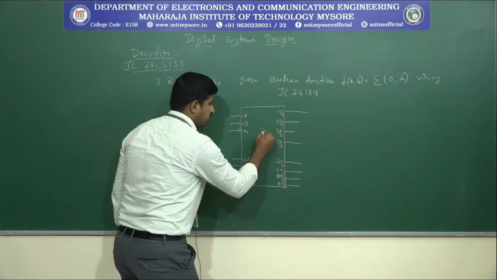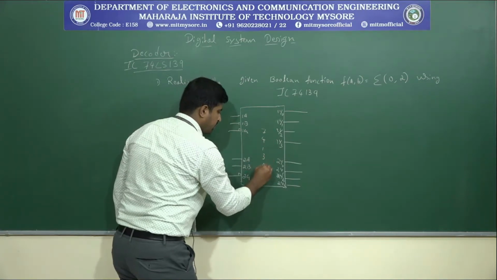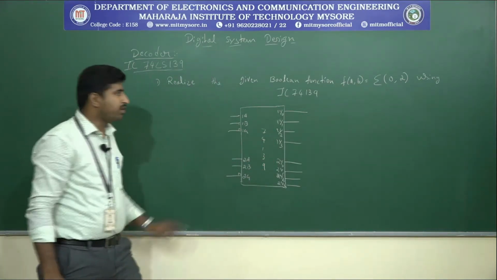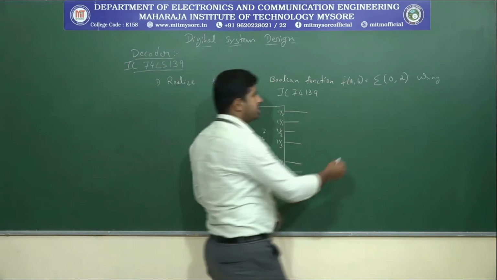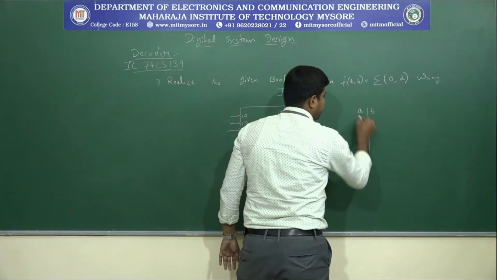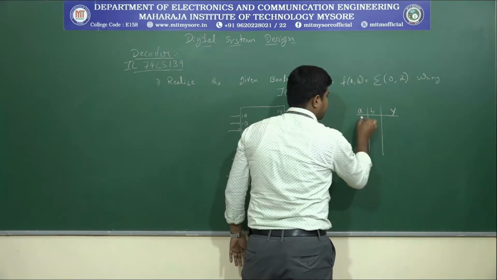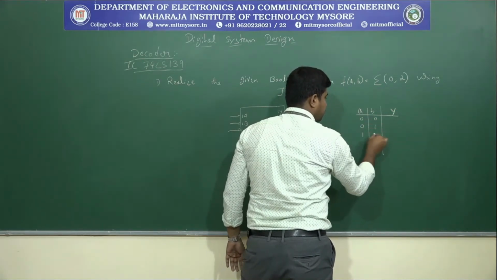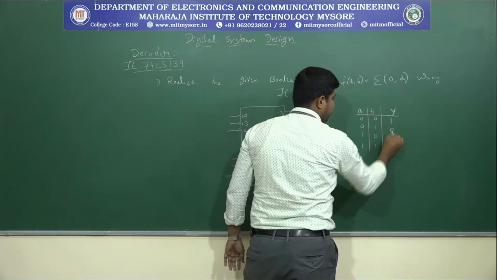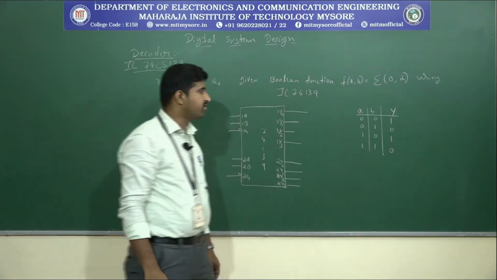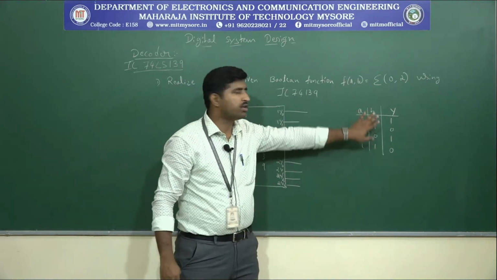So these are the pins of the 74139 IC. Now we need to realize this Boolean function. So what is this Boolean function? This indicates A, B, and Y: 0 0, 0 1, 1 0, 1 1. So 0 and 2 are 1, the remaining are 0. So this is the truth table corresponding to the equation that we have.